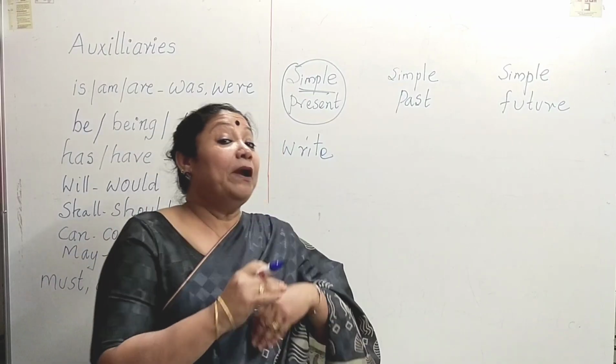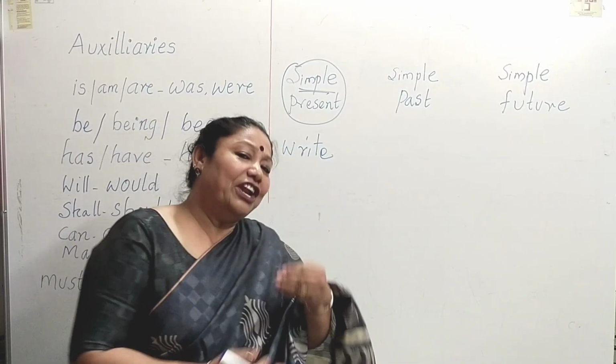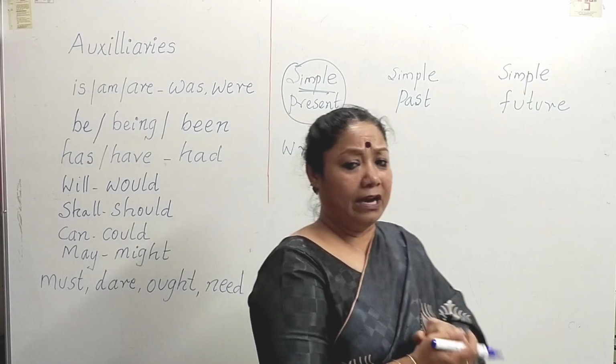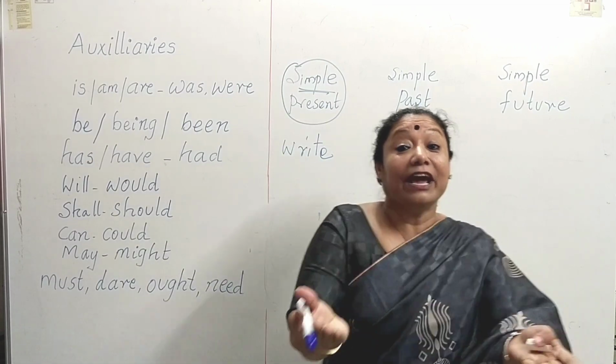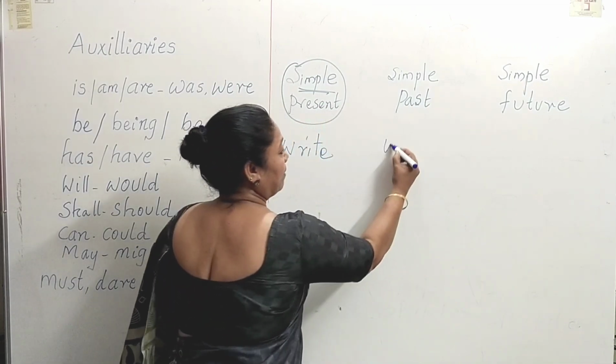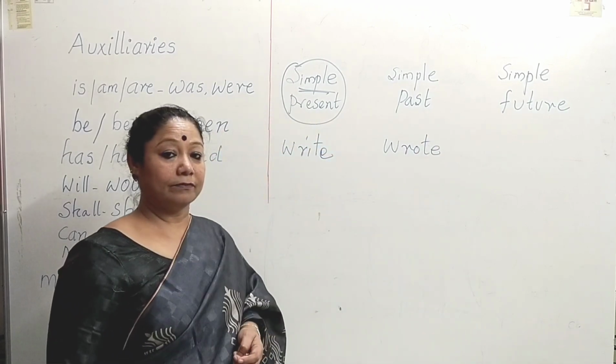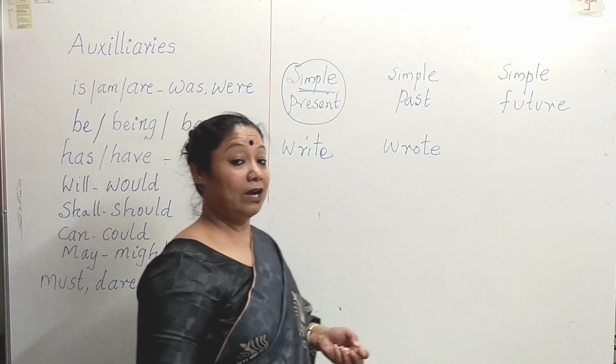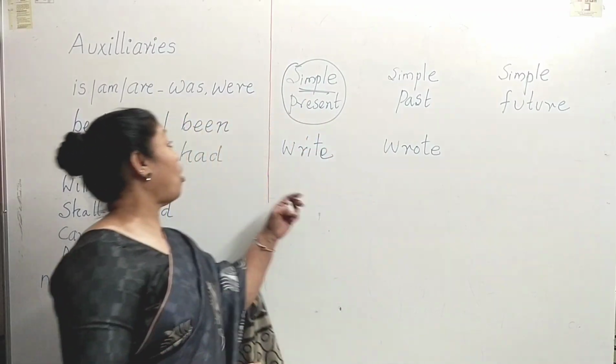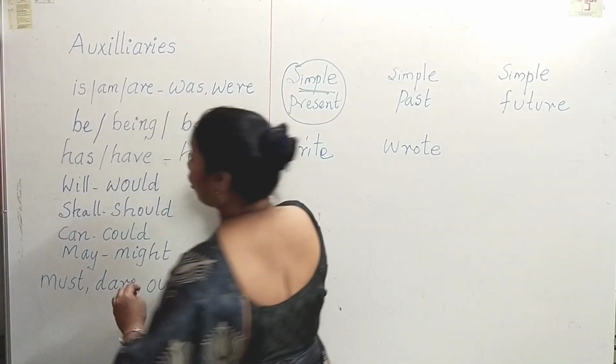Now, what is simple past? Just yesterday, what you have done. Today I write, yesterday I wrote, W-R-O-T-E. What is future? For future, you need the help of these auxiliaries.